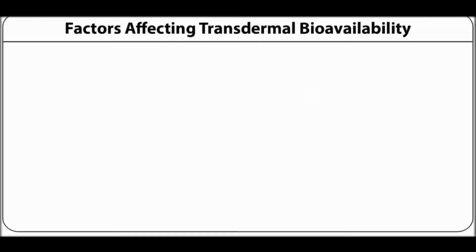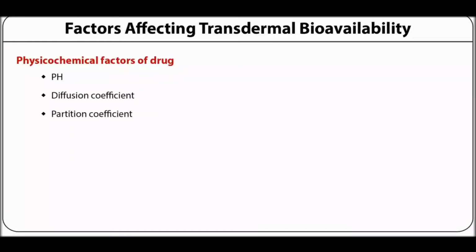The next set of factors are referred to as the physicochemical factors of the drug. The primary amongst them are the pH, diffusion coefficient, partition coefficient, drug concentration, molecular size and shape.